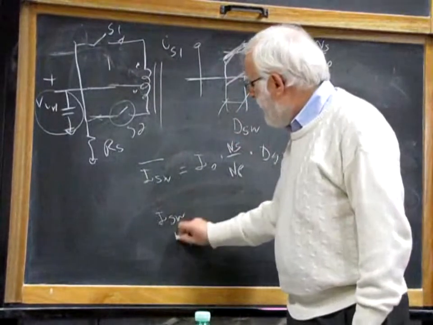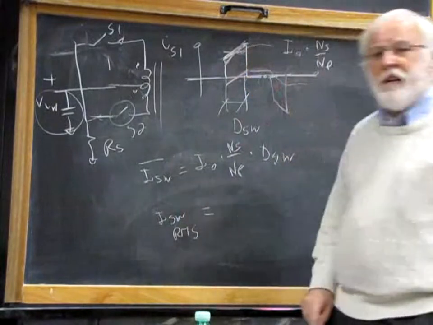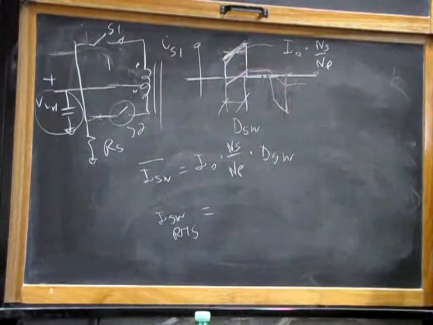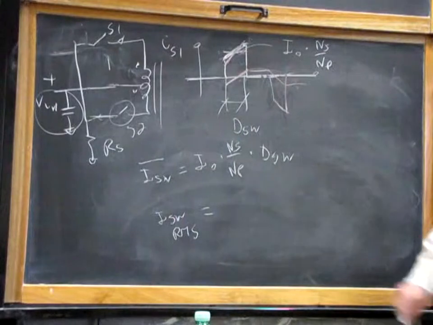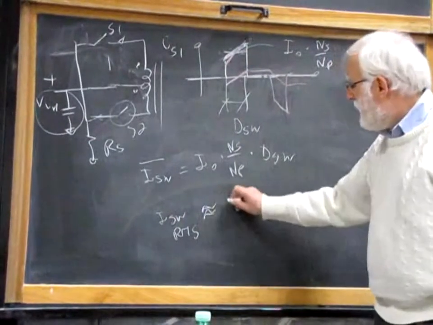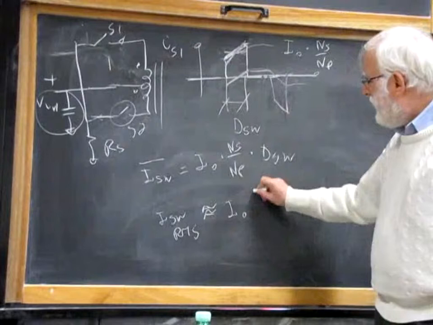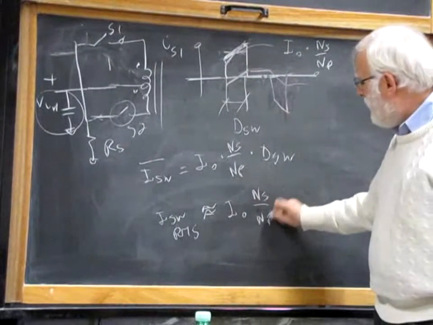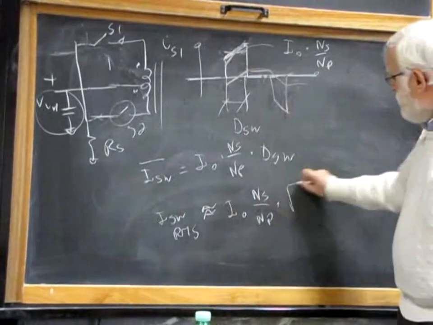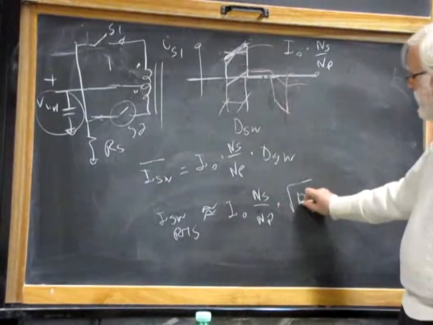I switch RMS is approximately equal to, and this is a very good approximation, I naught times NS over NP times the square root of the duty cycle of the switch.